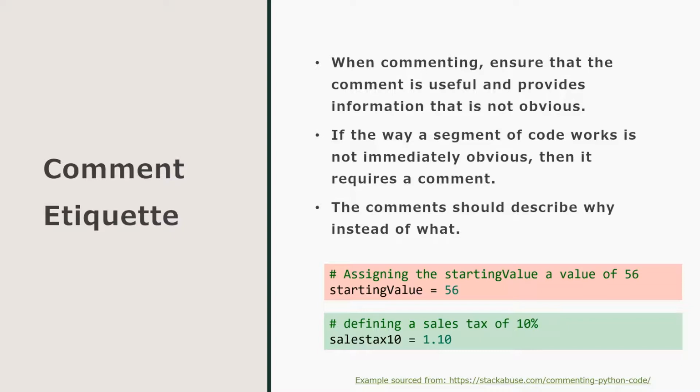It says defining a sales tax of 10%, and then it does it. If I'm seeing this, I might not know that 1.1 would signify a total that includes a sales tax of 10%. So that second one is a good example because it tells you why you're doing that. It tells you why it's relevant. It's not just saying how when the how is plainly obvious.